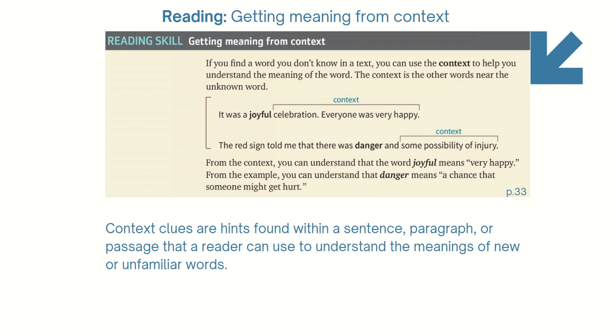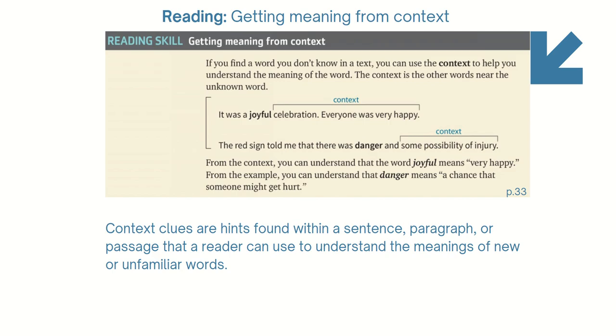From the lesson on page 33, that is getting meaning from context. So let me clarify what context is. Context is the environment or the words which are around the unknown vocabulary. For example, as you can see here, the word joyful is in bold-faced. Suppose joyful is an unknown word that you don't know the meaning of.